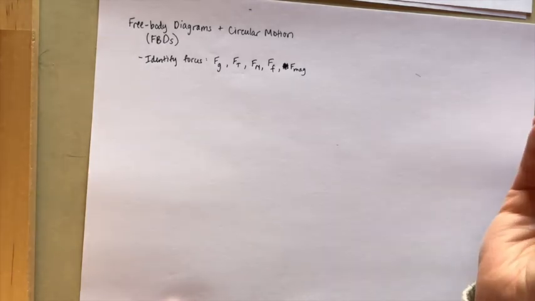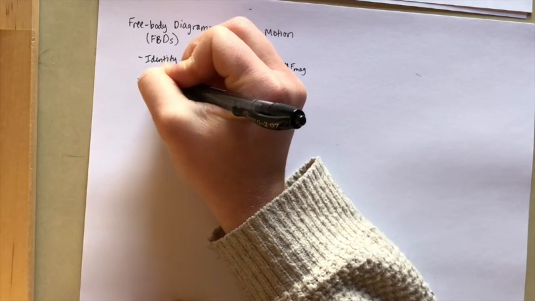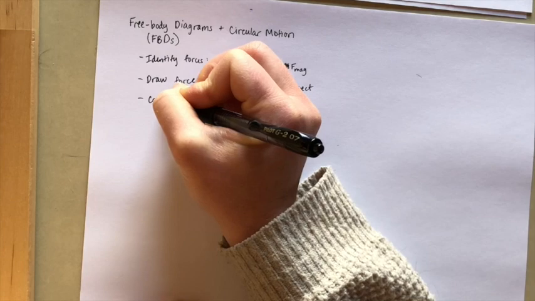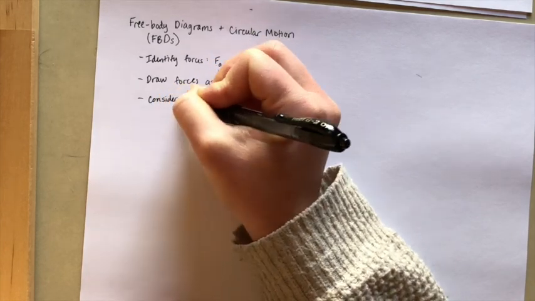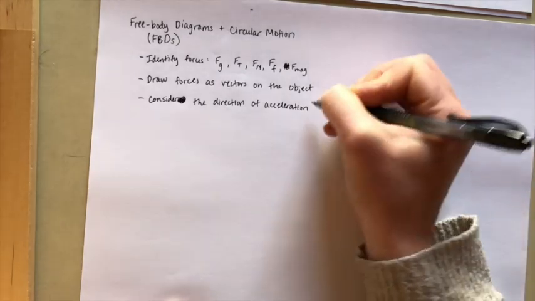Identify those forces and draw them as vectors on the object. And then consider the direction of acceleration, and make sure that there is a net force in that direction.